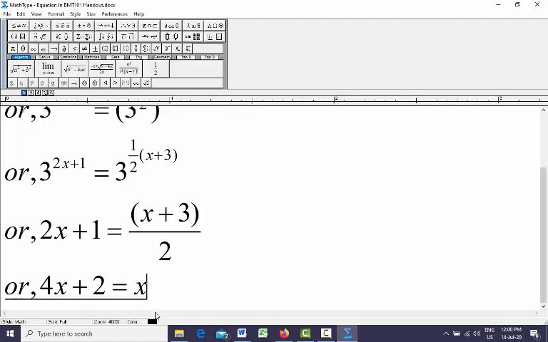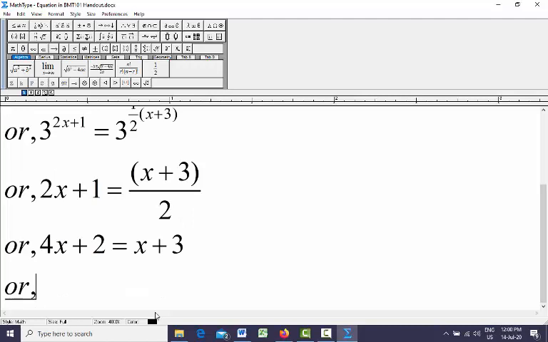Now what we will get, 4x minus x will be equal to 3 minus 2.